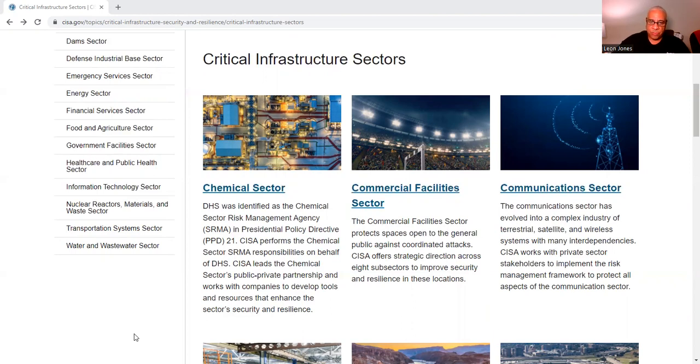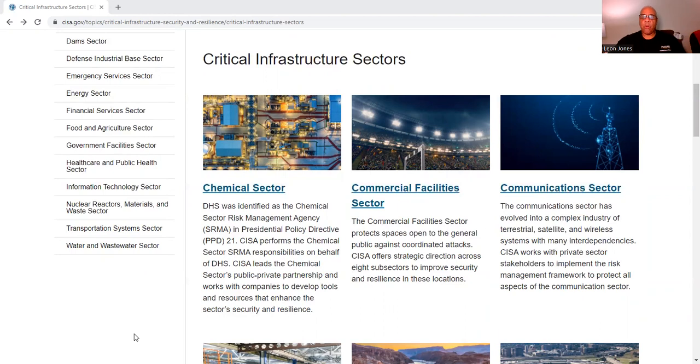and resilience. Again, the sector's public-private partnership, what they do, they work with companies to develop tools and resources that enhance the sector's security and resilience.